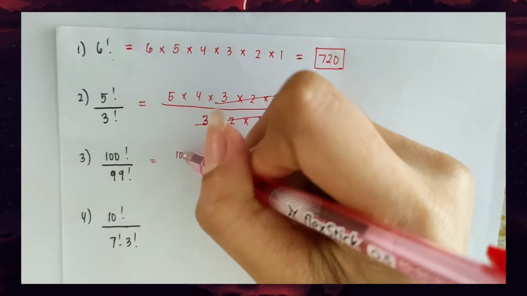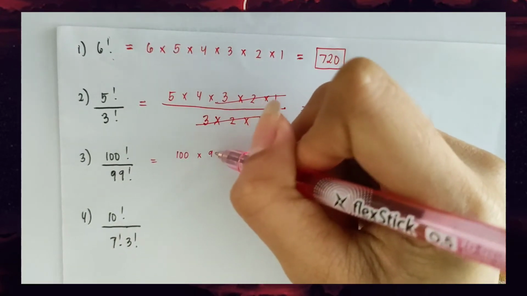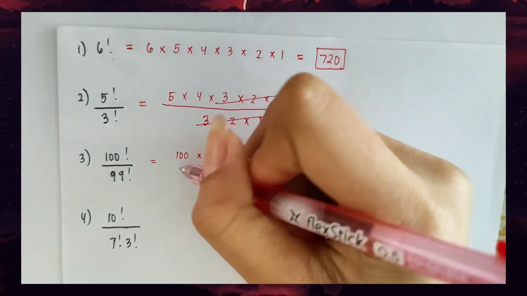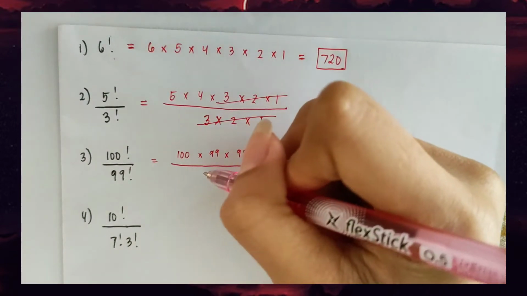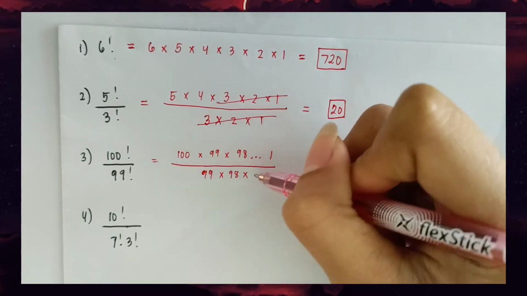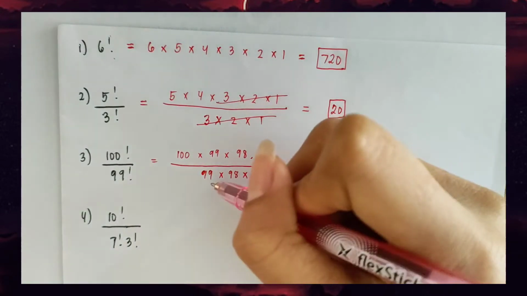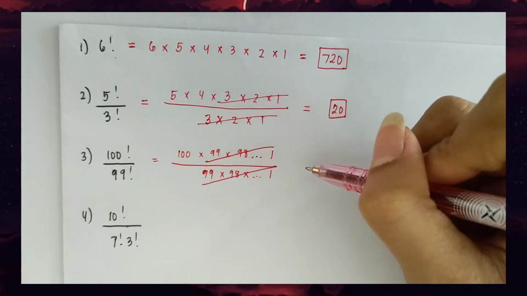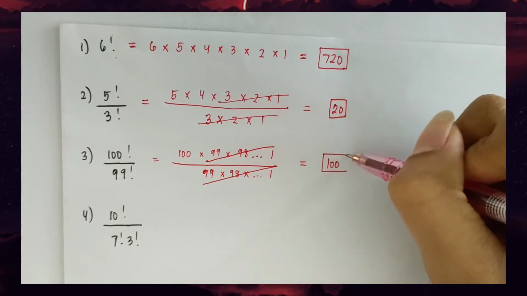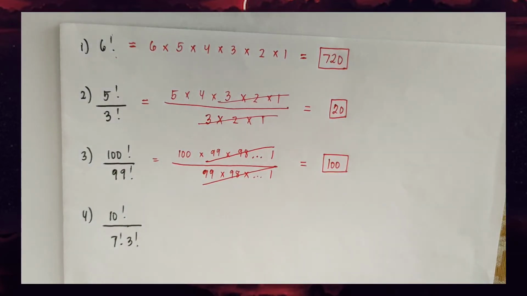So we have 100 times 99 times 98 up to 1 divided by 99 times 98 up to 1, and this will be cancelled out, and what's left is only 100.